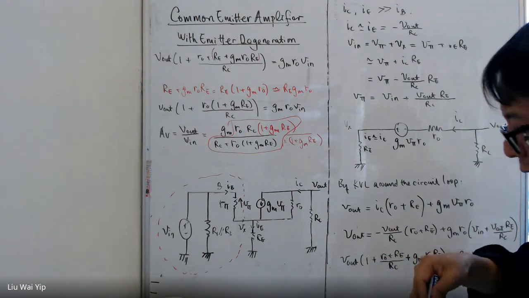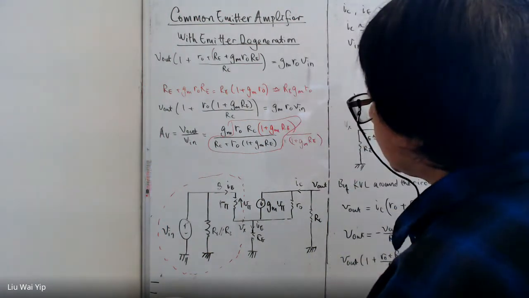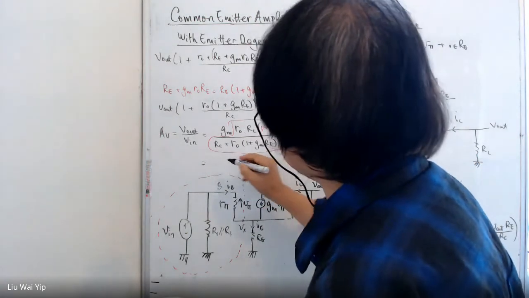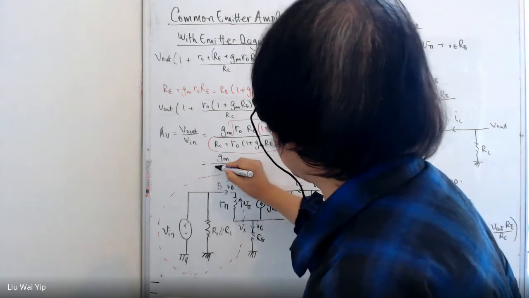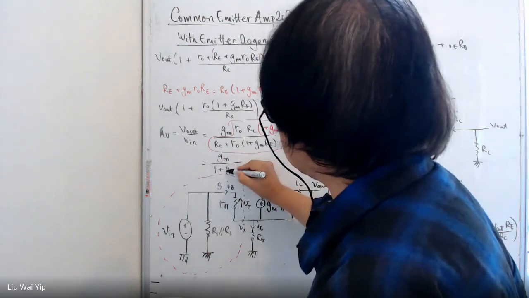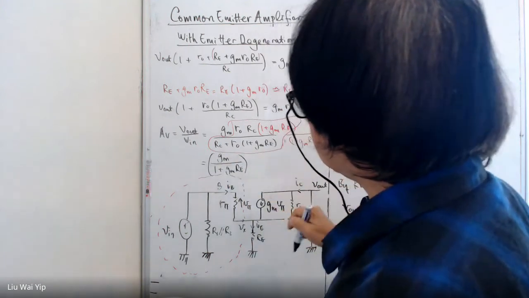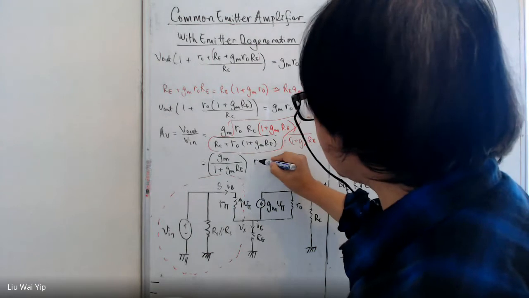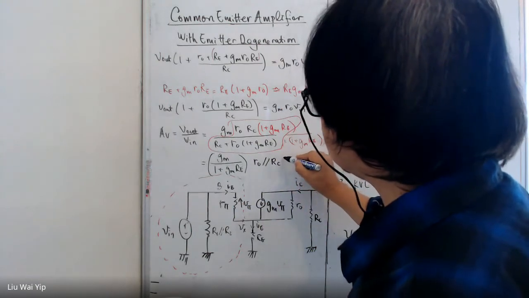So eventually, what you are going to get is a much simpler expression at the end. It is going to be gm divided by 1 plus gm RE, and then this one is going to be r0 in parallel with RC.